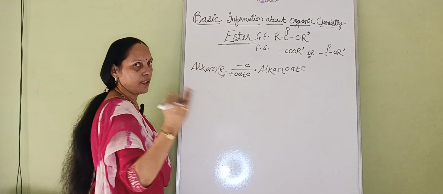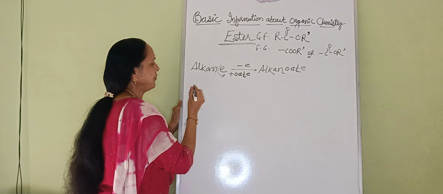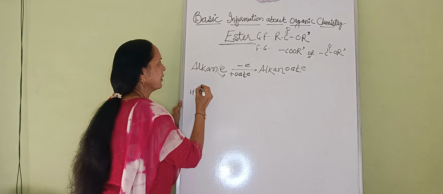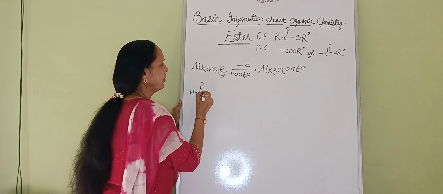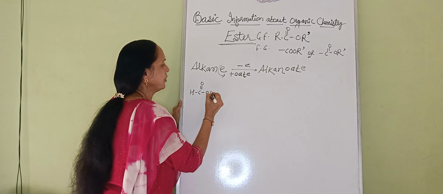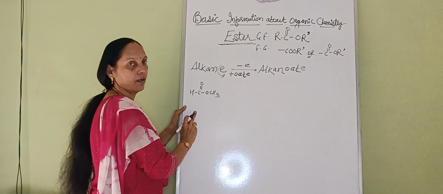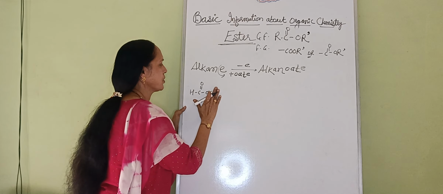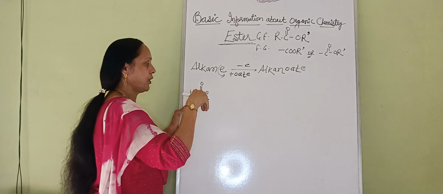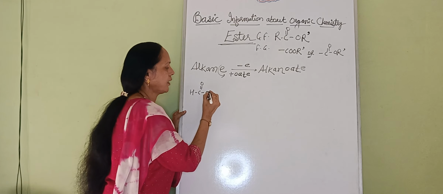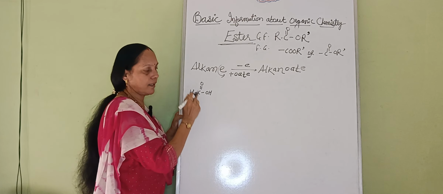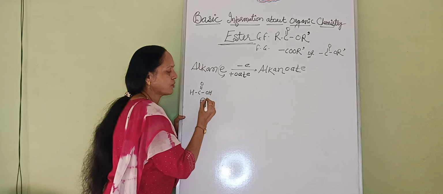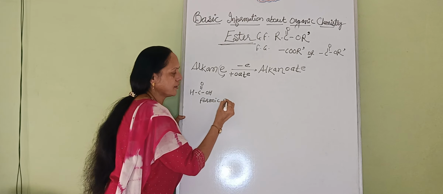Now we will see the first family member. What is the first family member? The alkyl group. Suppose this is HC double bond O. We have studied in our last video that this compound, HC double bond OH, is commonly called formic acid.